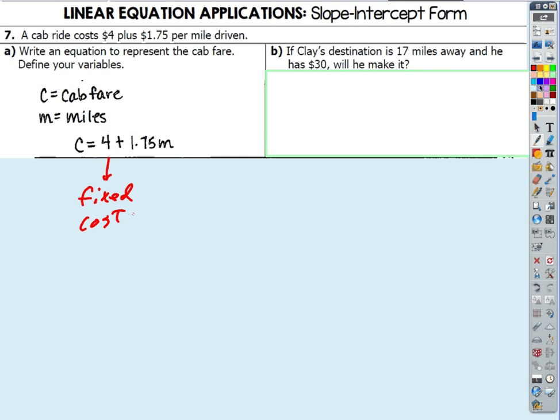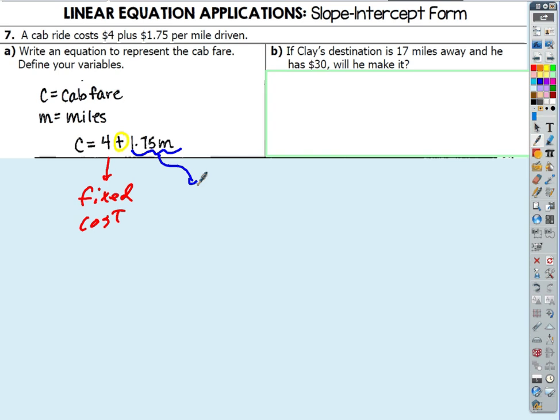Now what about this other part here? We got this plus sign in the middle that's separating the two terms. And then this other part right there, 1.75 times M. So that's the rate times the input variable. What is that going to give me, though? How could you describe what that term is telling me in this equation? How does it contribute to the overall cab fare?